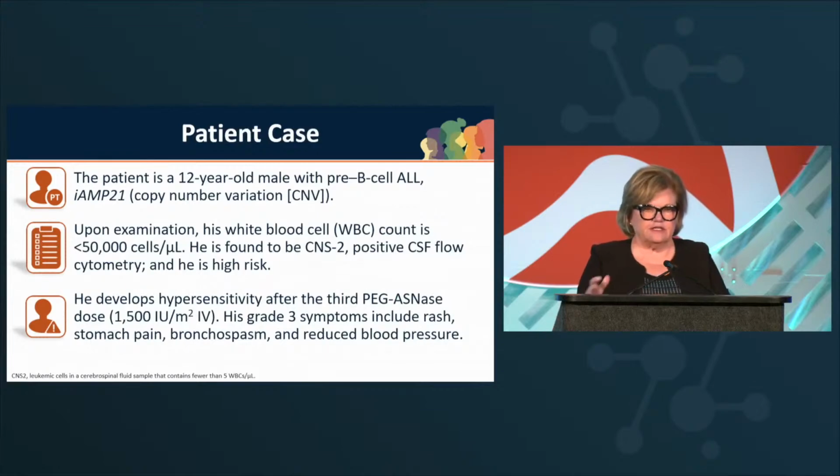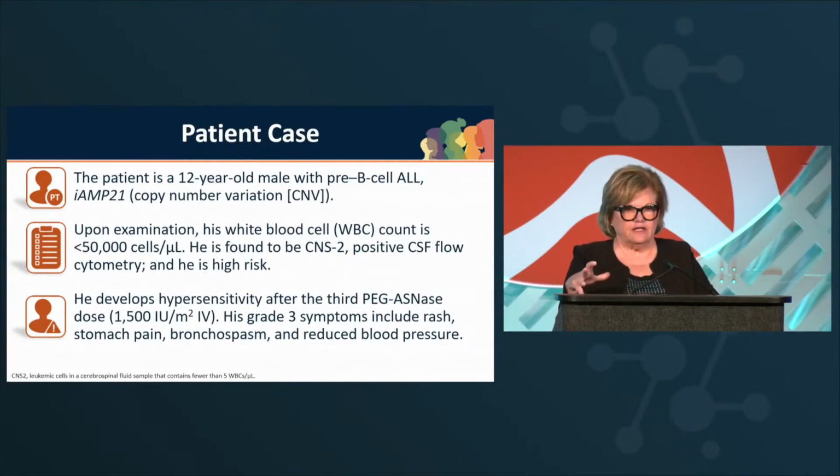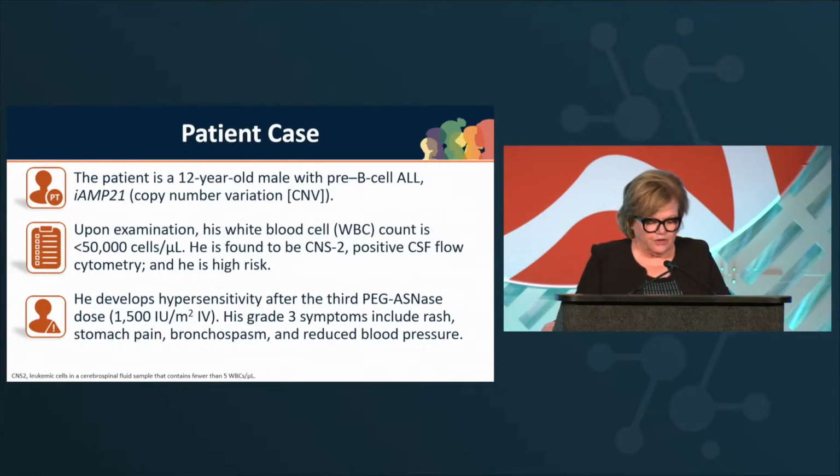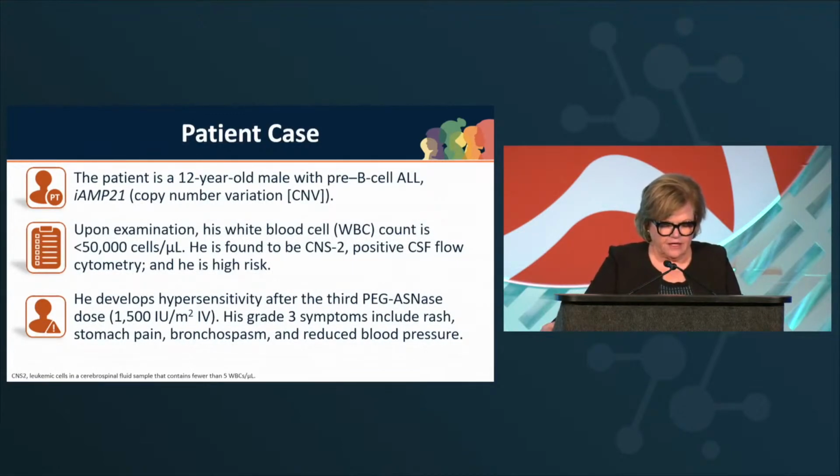And because this is a little bit higher risk with the CNS and the amplification, we know we need to intensify therapy. But this patient develops a hypersensitivity after the third PEG asparaginase dose, and he has grade 3 symptoms that include rash, stomach pain, bronchospasms, and reduced blood pressure.